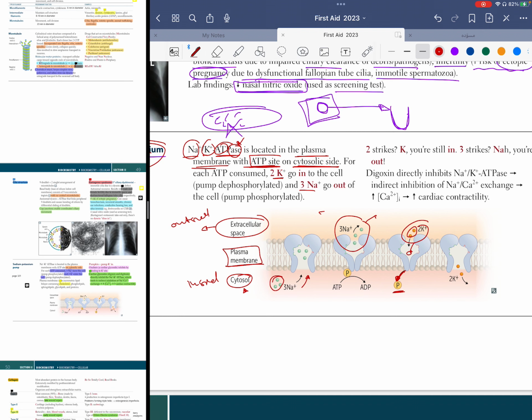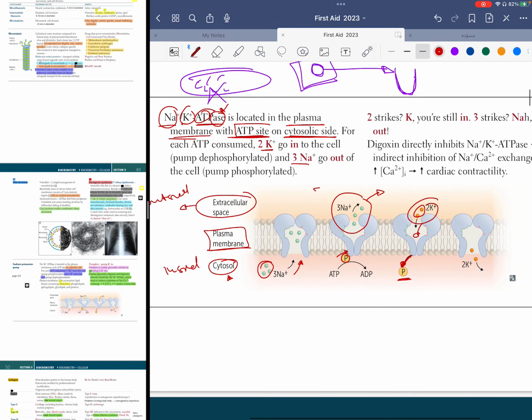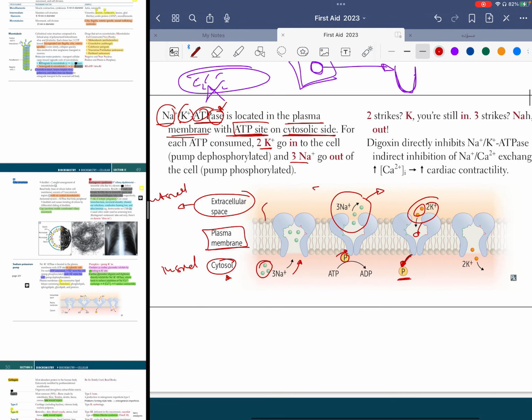So if the sodium goes out of the cell, then the phosphate attaches to the pump. All of this structure is called a pump because it requires ATP. If it requires ATP, it requires energy, then it's called a pump.